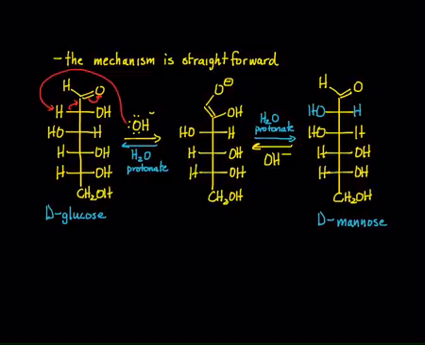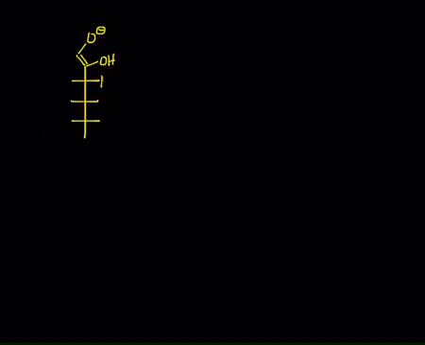But how do you explain the formation of D-fructose? So what we're going to do is re-examine the enolate, and on the next page, I'm going to redraw this enolate that's in the middle here. So I'm simply redrawing the enolate.